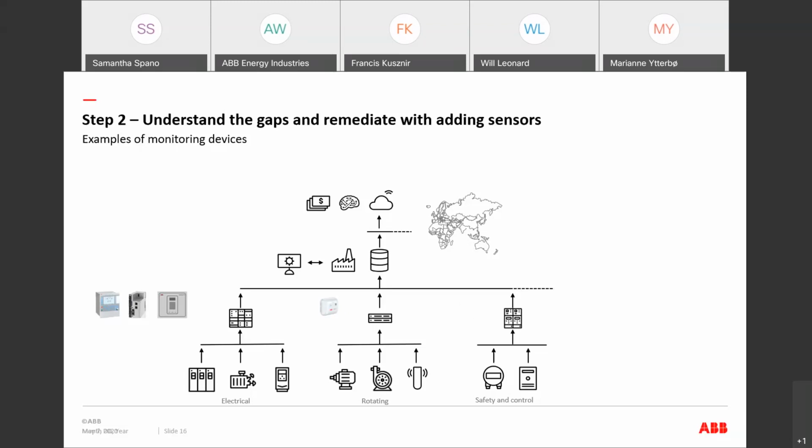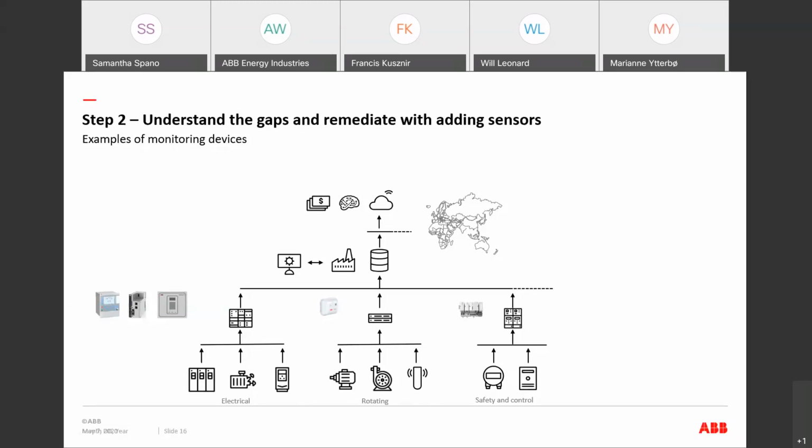And then finally, as we've already talked a little bit about, the control system has a lot of information already, and it's also often important to monitor networks and switches in addition to monitoring our electrical and rotating assets. Finally, telecom equipment can also help bring a full picture into the monitoring systems.